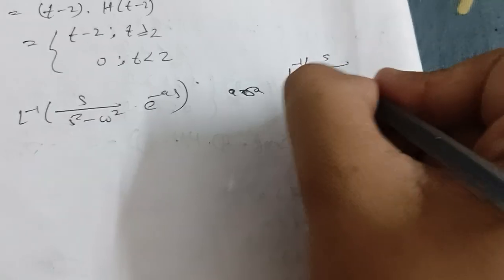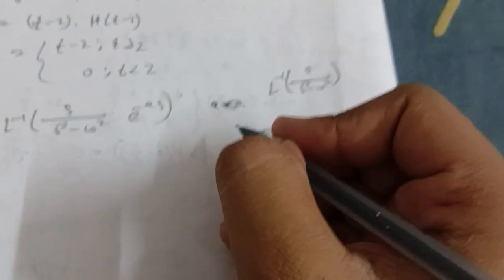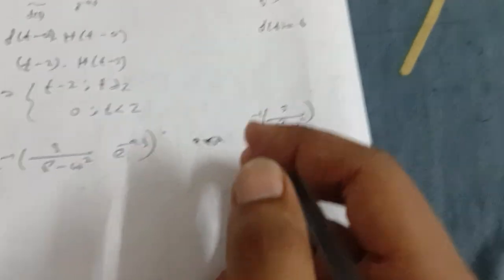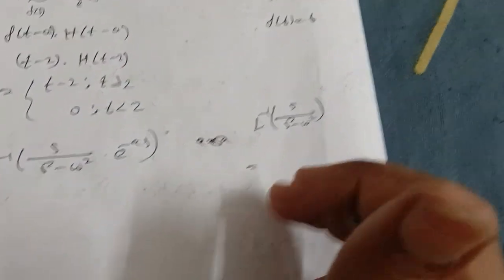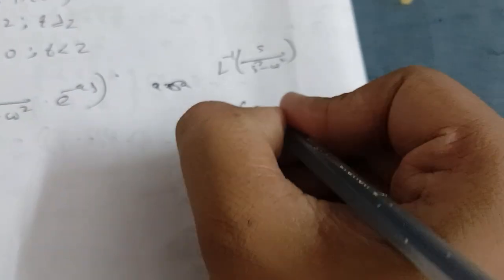Laplace inverse of s by s square minus a square. If you see it, it is the cos hyperbolic function formula. Laplace inverse of s by s square minus a square is equal to cos hyperbolic at. So in that formula, if we put a equal to omega, it will be cos hyperbolic omega t.